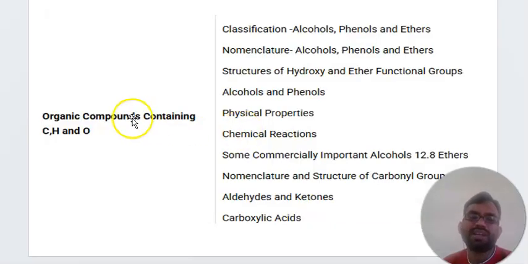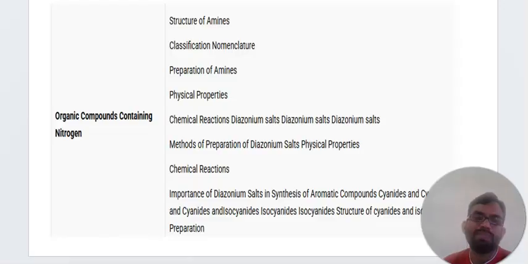Next, organic compounds containing carbon, hydrogen and oxygen: classification of alcohols, phenols and ethers, nomenclature of alcohols, phenols, ethers, structure of hydroxyl and ether functional groups, physical properties, chemical reactions, some commercial importance of alcohols, and nomenclature and structure of carbonyl groups, aldehydes and ketones, and carboxylic acids. Now the last topic is organic compounds containing nitrogen.